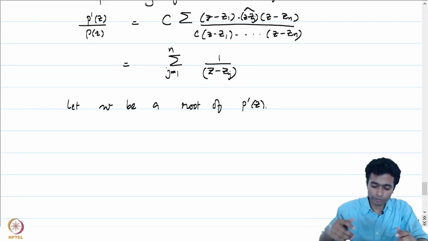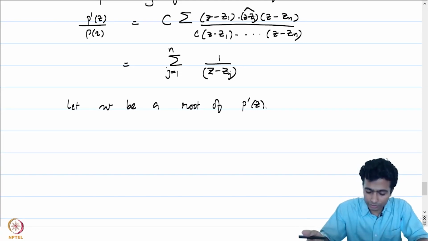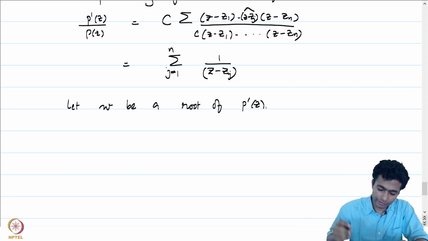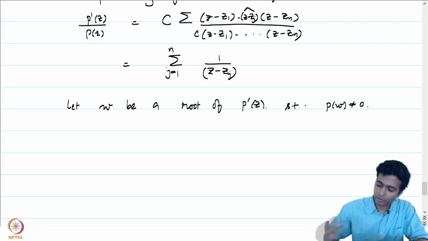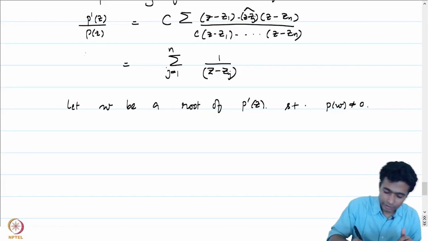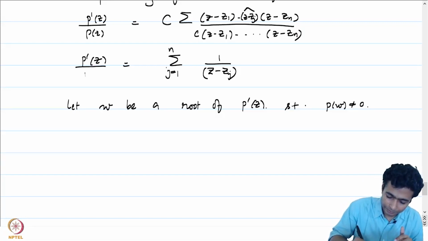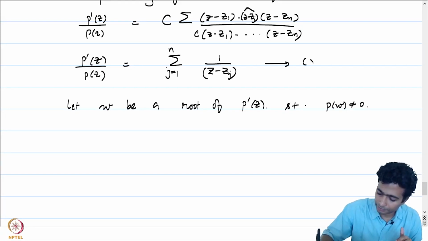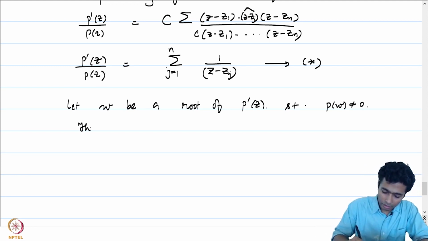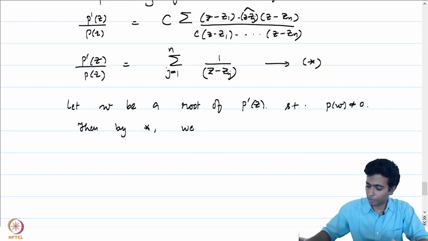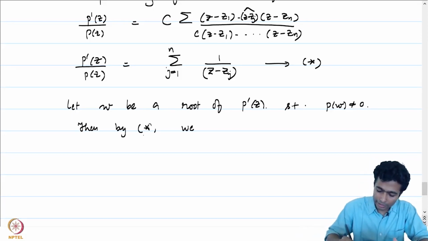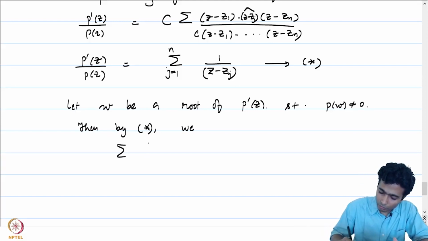So let's assume that w is not a root of P of Z, such that P of w is not equal to 0. Let me call this equation star. Then by star, we have P prime of w is 0, P of w is not equal to 0, and therefore the summation of 1 by (w minus Zj) is equal to 0.